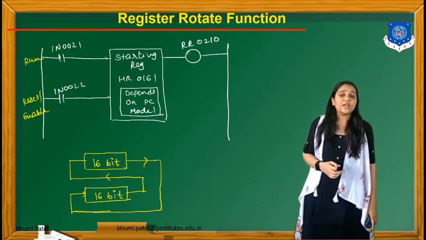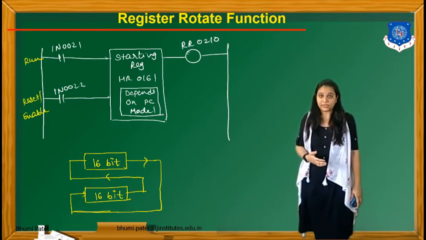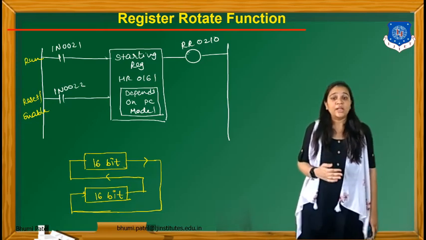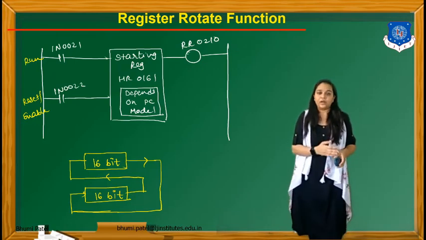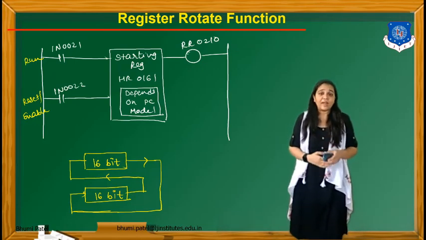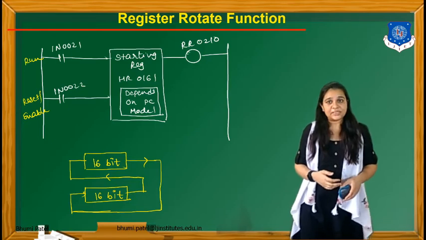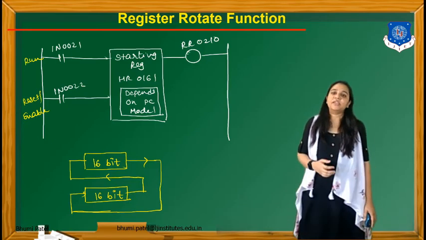So we have used the different types of move function. Using the move function, we can easily shift data from one location to another, according to the requirements of the different plant or system.